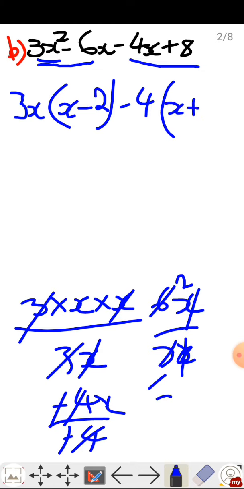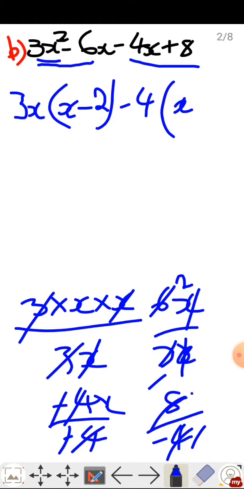Now plus 8, here you have what? It's plus 8, which is 8 over negative 4, so 4 into 4 1, 4 into 8 2, but you have the negative sign, so it's what? Minus 2. So you see, the moment you see the same expression inside the brackets, just know your answer is correct.